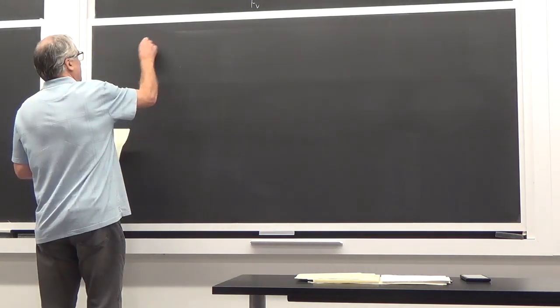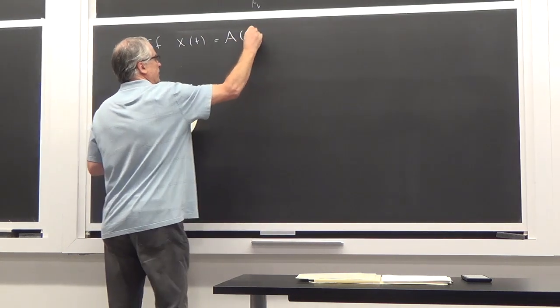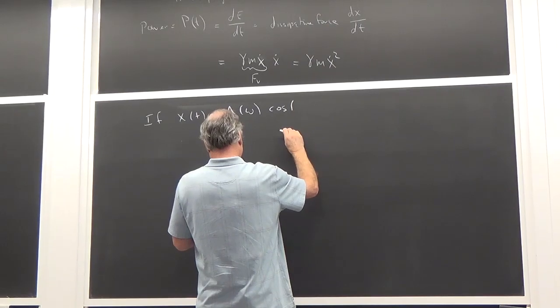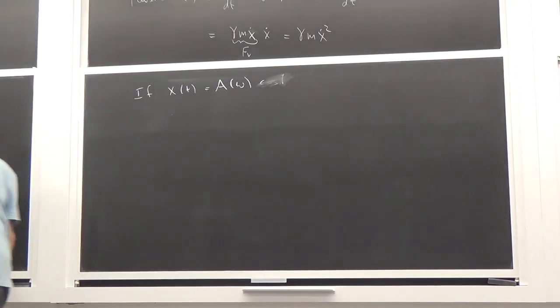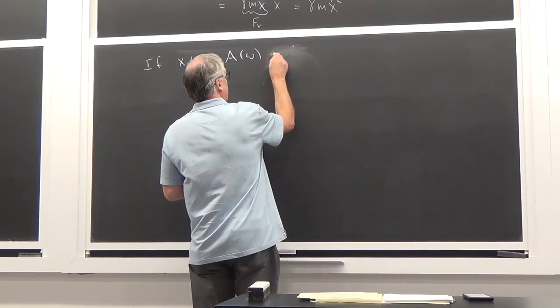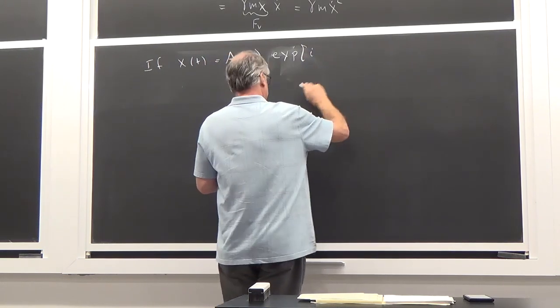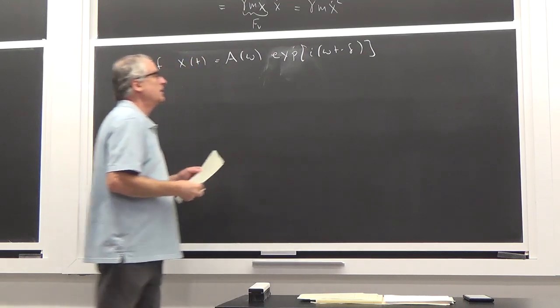So if x of t is our amplitude factor times a cosine of, well, let's write it, sorry, I was going to write it using exponentials. Let's do that. I want to get some practice with this. So that's x.